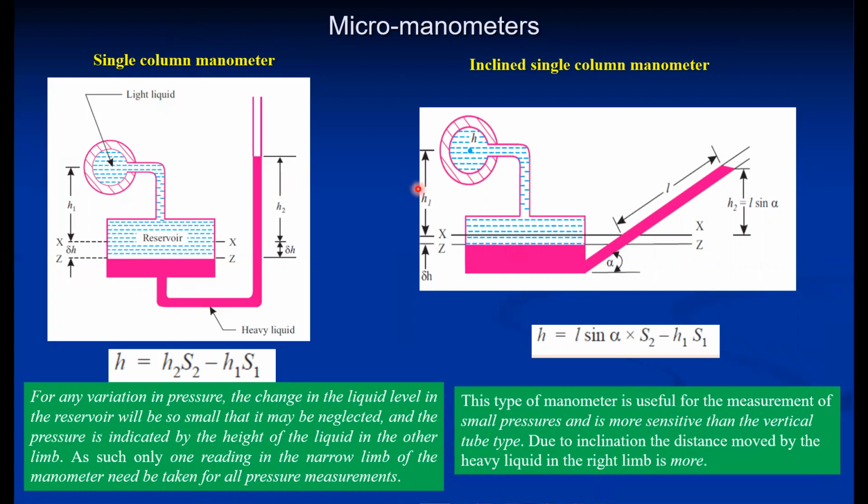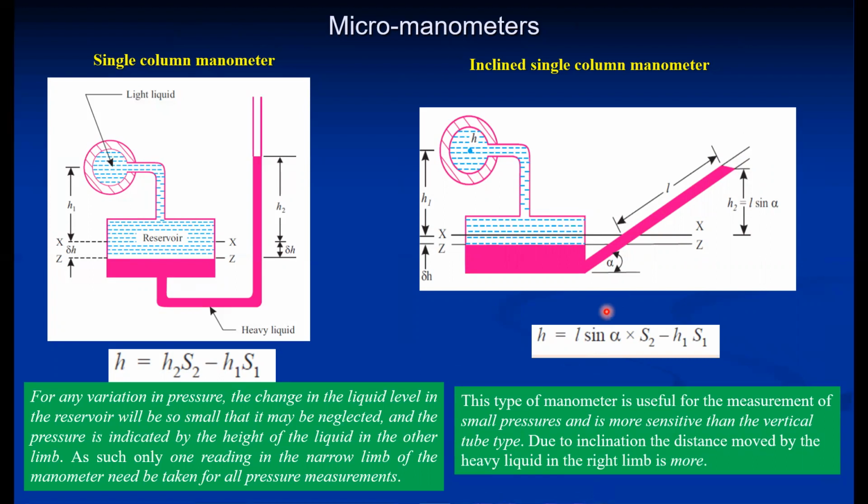Second, the inclined single column manometer mainly increases the sensitivity of the pressure, especially for small pressure. The right limb is made intentionally inclined. The vertical column is the pressure head, but it spreads out in the inclined type, so obviously it magnifies.